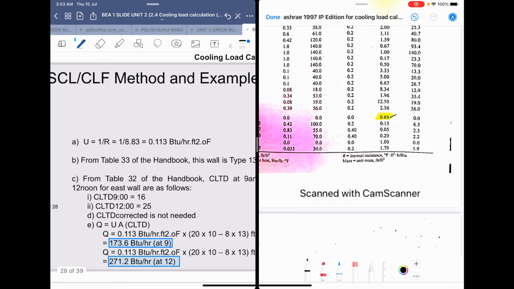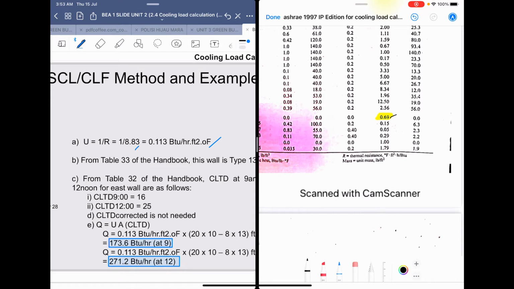Now we can get the U value, that is the thermal transmittance of the wall, which is 1 over R, 1 divided by 8.83, then we get 0.113 BTU per hour feet square Fahrenheit.